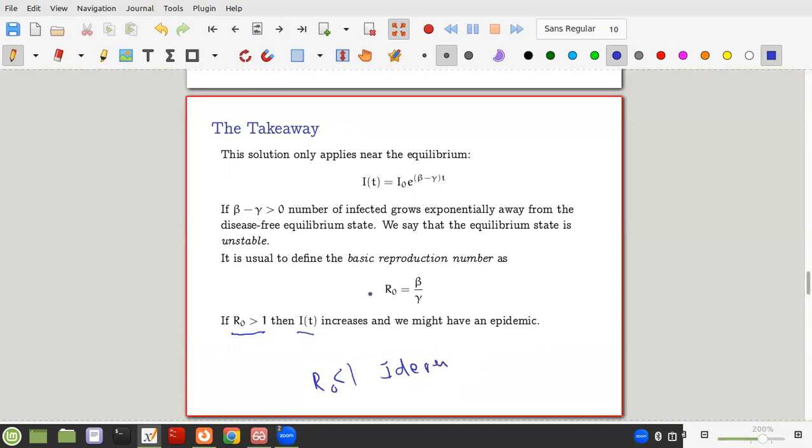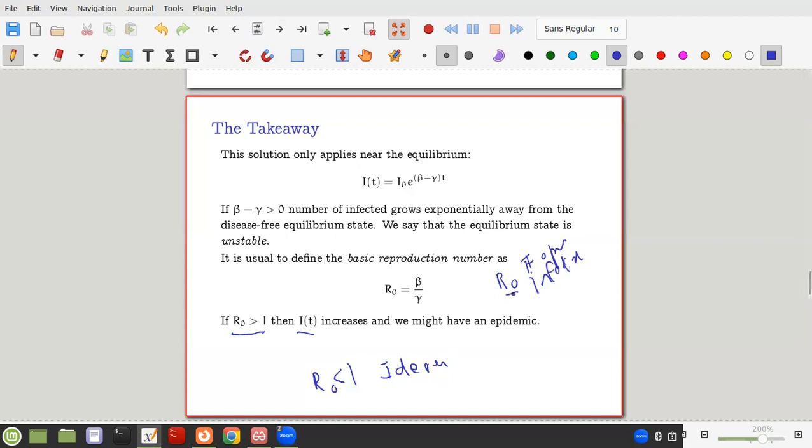Well, this R naught is actually the R naught that you probably remember from reports about COVID. You can look back at the equation, it was sort of the number of people infected each time step.